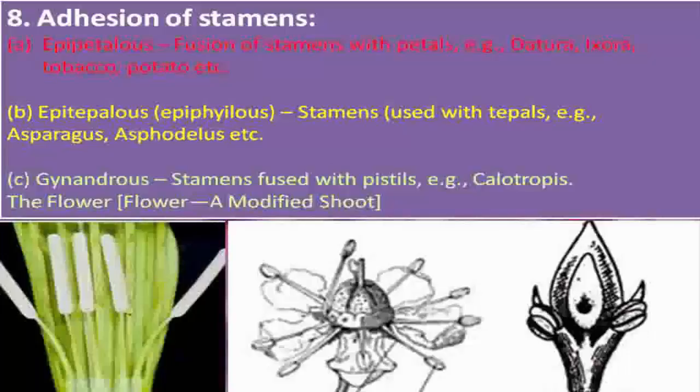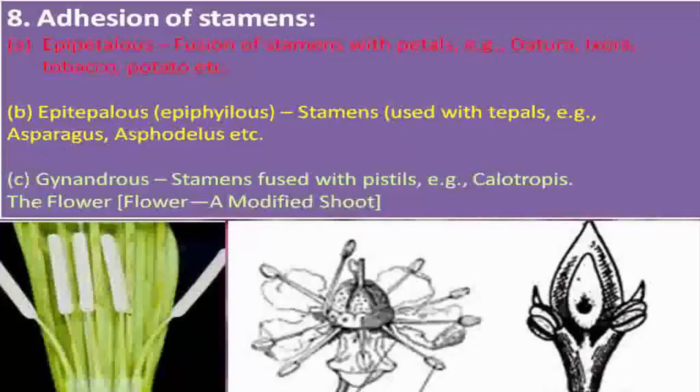Gynandrous: stamen fused with pistil. For example, it is seen in Calotropis. So this is your gynandrous. In this, the stamens are fused with the female reproductive part, which is also known as the pistil. So it is seen in Calotropis. And this is your epitepalous, which is also known as epiphyllous, in which the stamens are fused with the tepals.